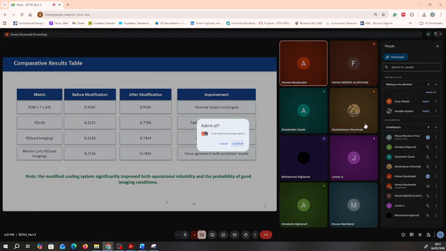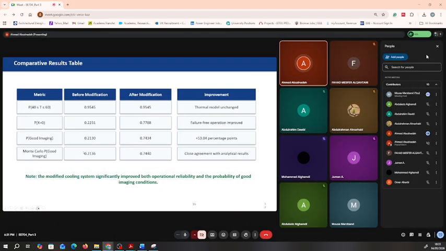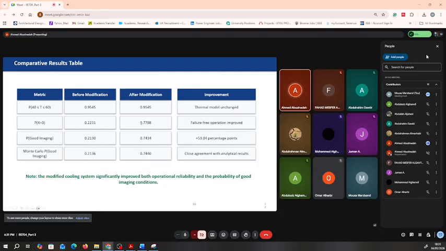Probability of having zero failure, which is before modification, and after modification failure-free operation improved. And probability of having good imaging also improved. And the Monte Carlo probability of good imaging is also in close agreement with analytical results. Note the modified system significantly improved both operational reliability and the probability of good image condition.